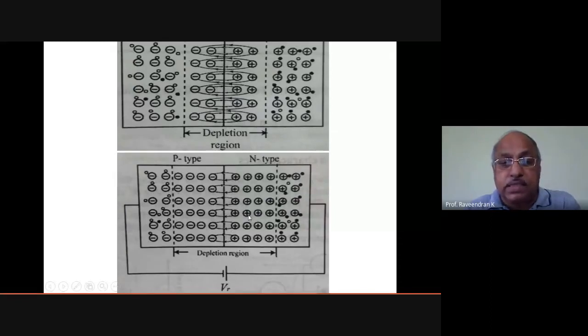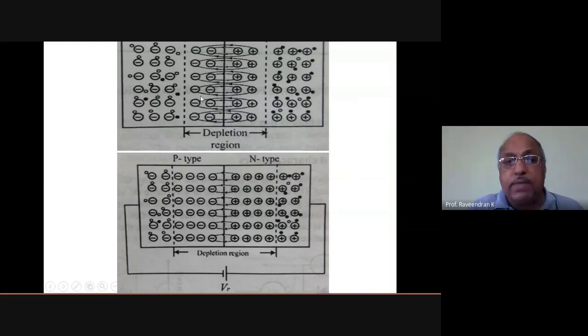So in effect, what happens here? The depletion region will be getting widened further, because most of the holes will be attracted towards the negative polarity of the voltage source, and most of the electrons will be attracted towards the positive polarity. That ultimately causes the depletion region to widen further.